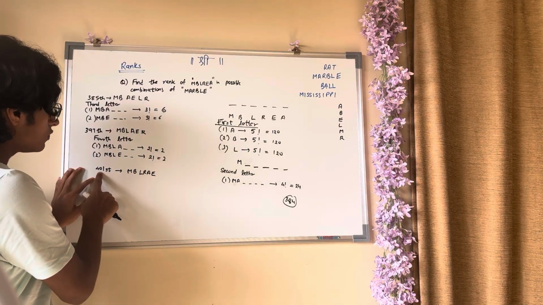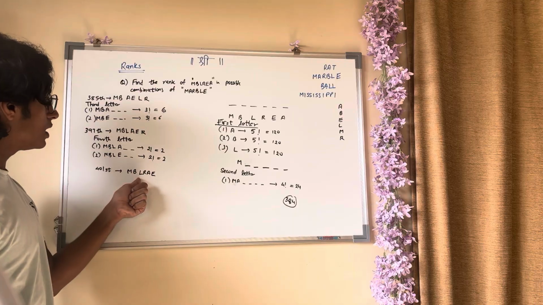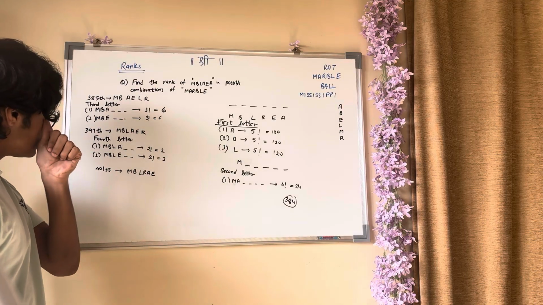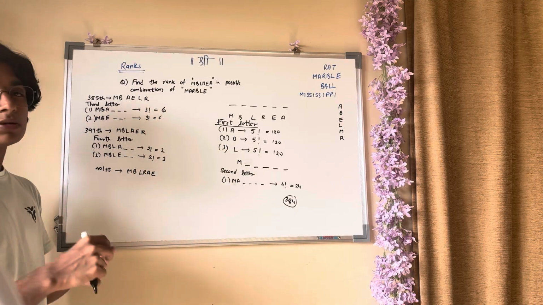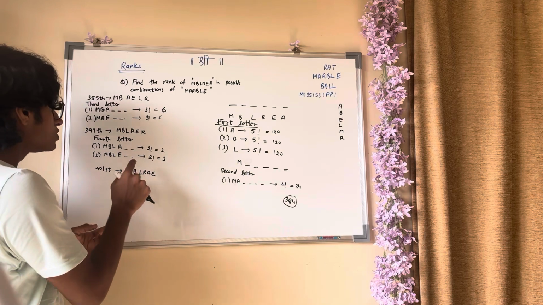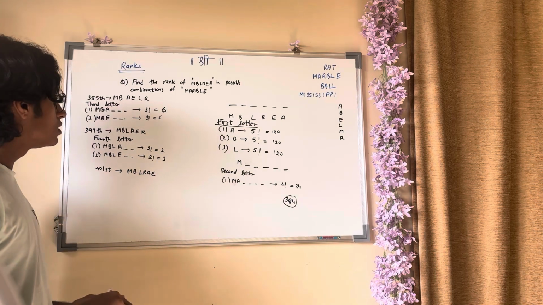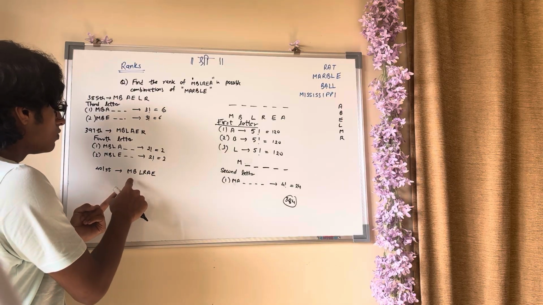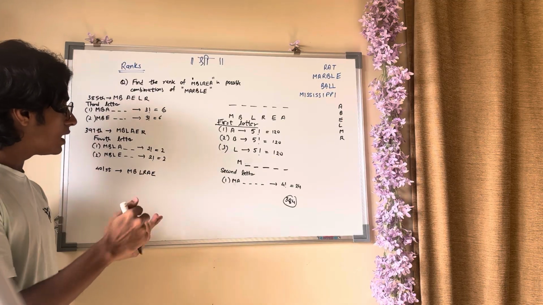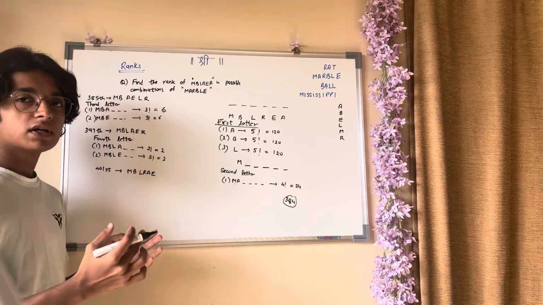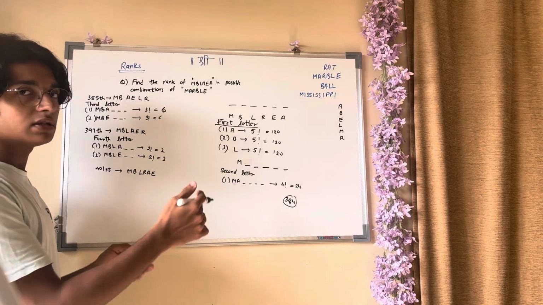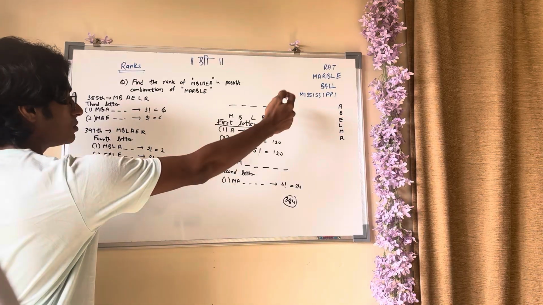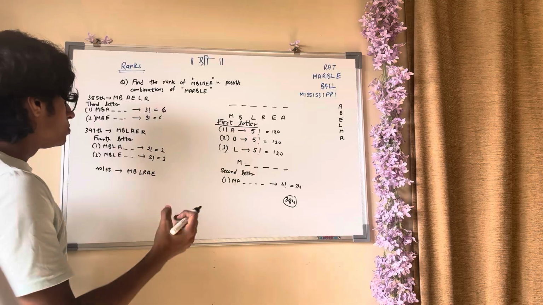So the 401st word that we have is MBLRAE. Now all the possible combinations where A was the fifth letter have been completed here, because there is only one word where MBLRA, the first 5 letters of the word, are constant. So it is obvious that the 6th letter would be the remaining letter from the possible options.